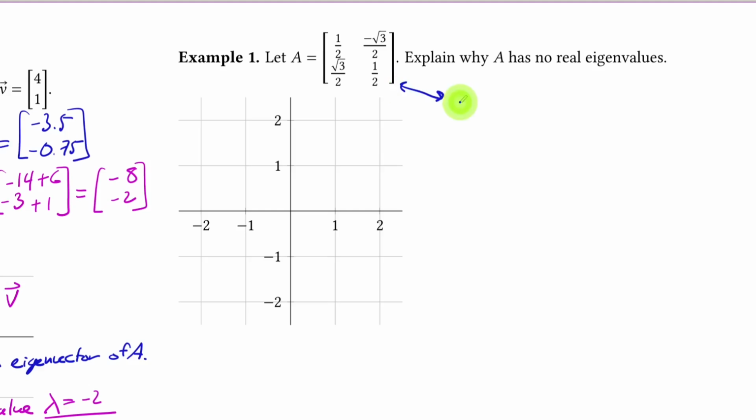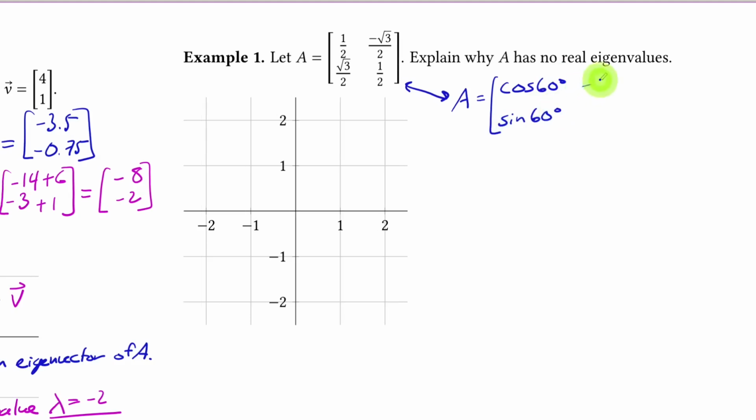Yeah, so this is actually a rotation matrix where we have cosine of 60 degrees, sine of 60 degrees as the first column, and then negative sine 60 degrees and cosine 60 degrees as the second column. And that means A is a 60-degree rotation matrix.